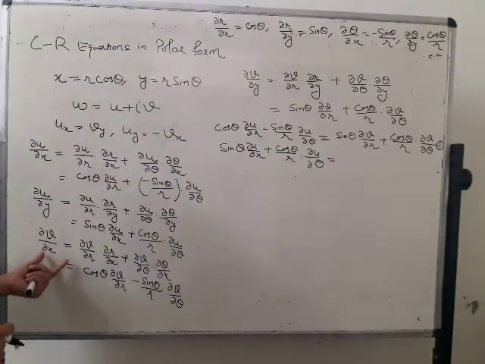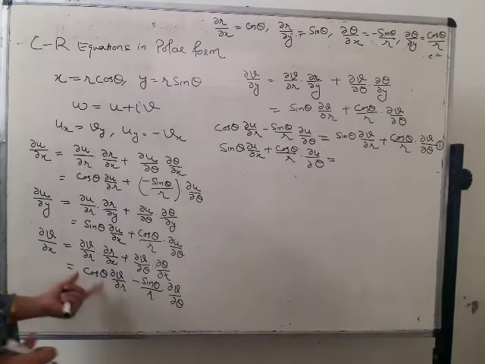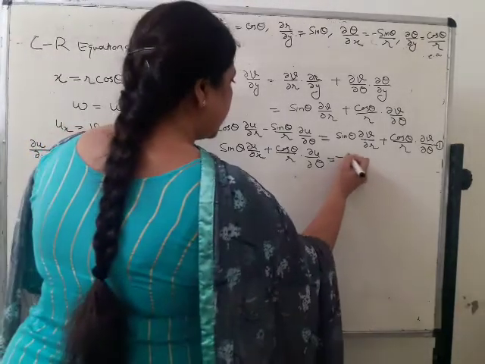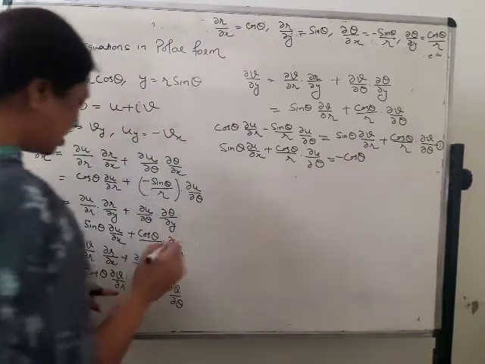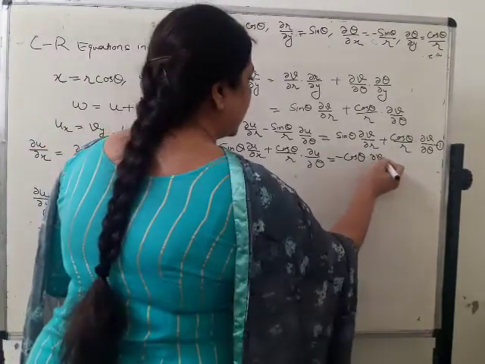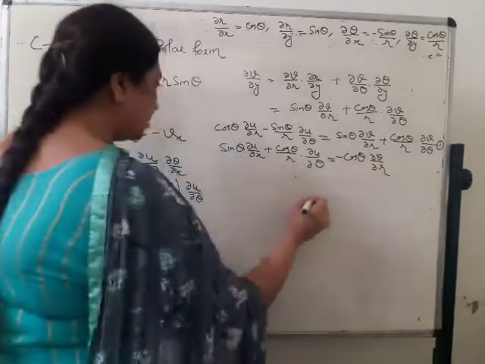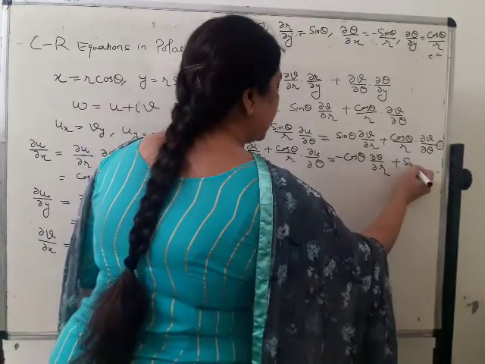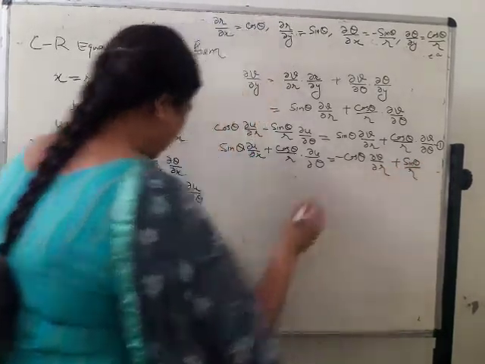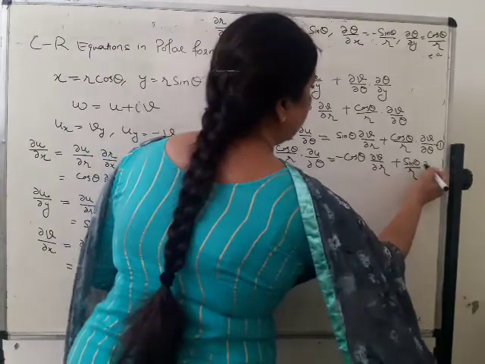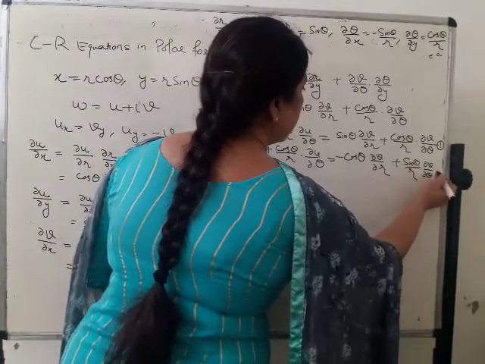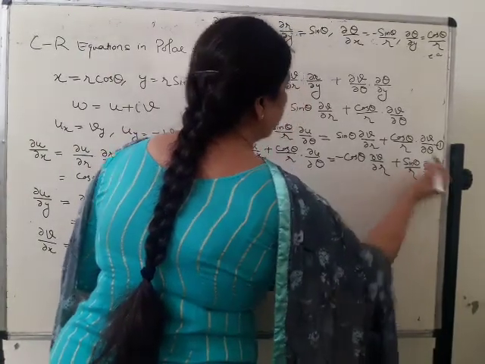Minus vx means minus of derivative of v with respect to x is equal to minus cos theta curly v by curly r plus sin theta divided by r curly v by curly theta. Suppose this is equation number 2.